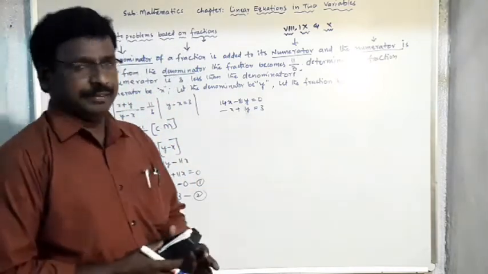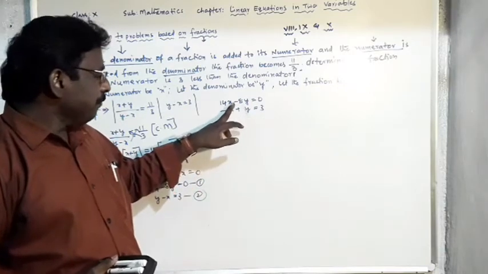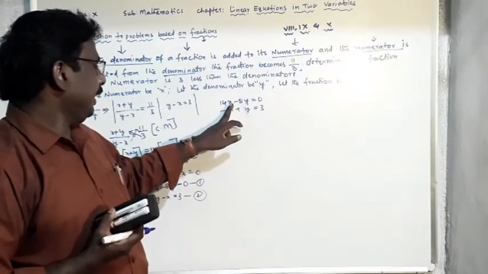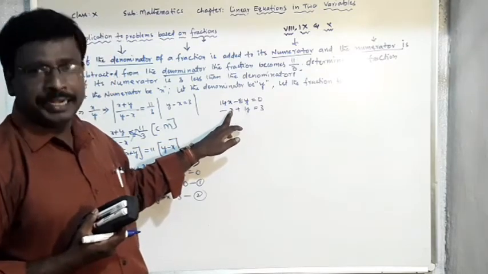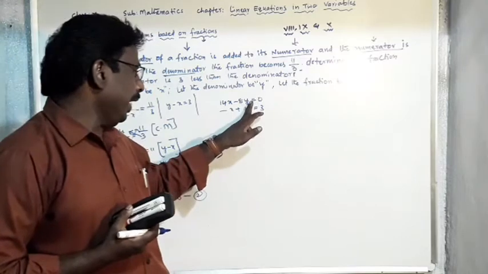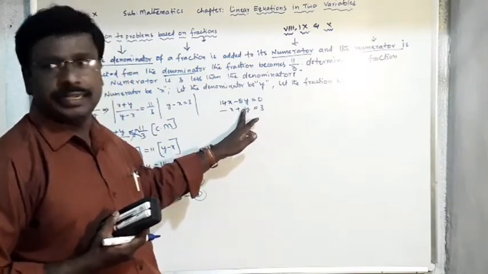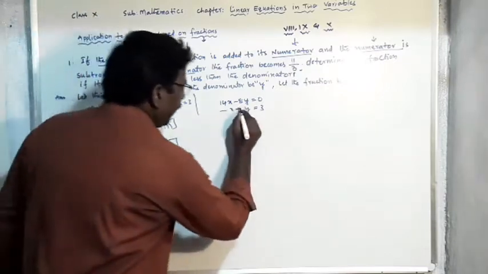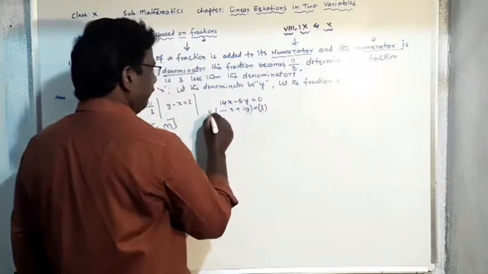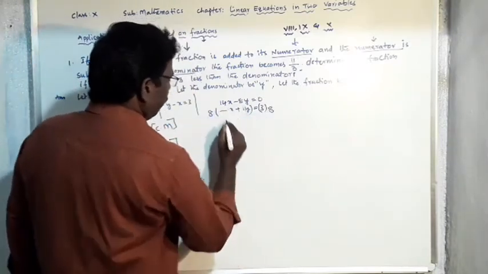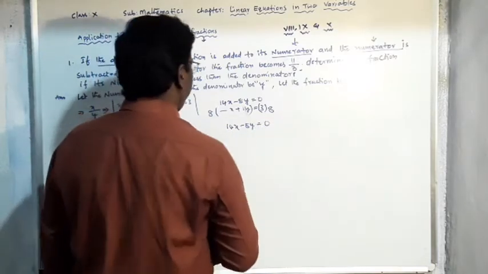Go with the coefficients. In the first equation, the x coefficient is 14 and the y coefficient is minus 8. In the second equation, the x coefficient is minus 1 and the y coefficient is 1. So multiply the second equation on both sides by 8. 14x minus 8y is equal to 0.